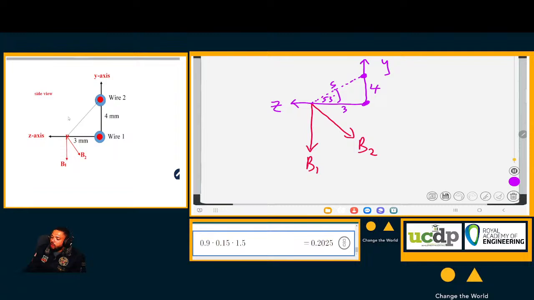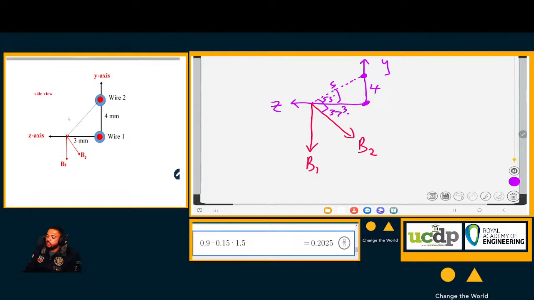Now we know that this line with this one should be 90 degrees. Now if this one is 53, that means that this one here should be 37 degrees.